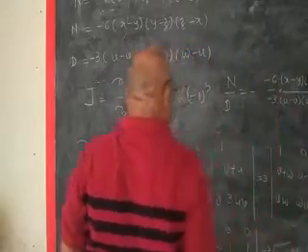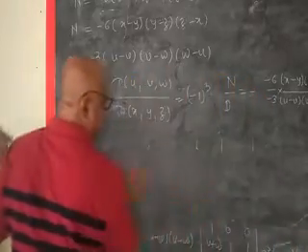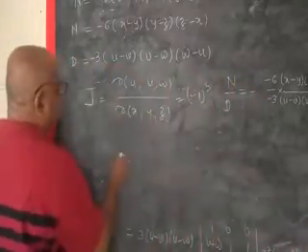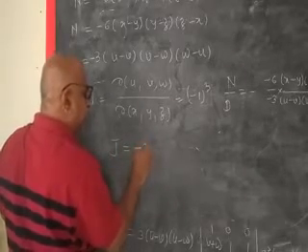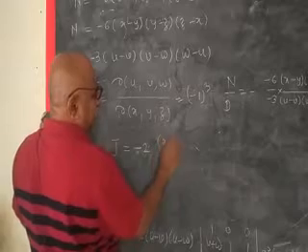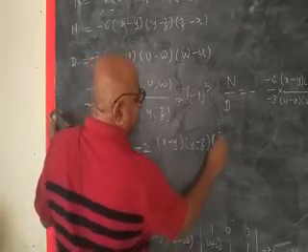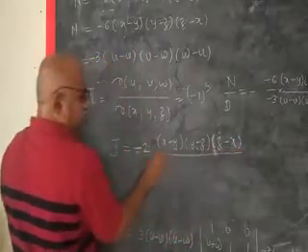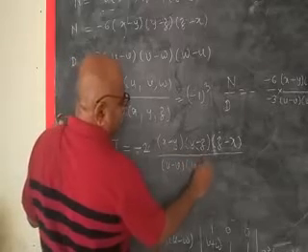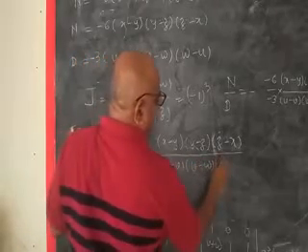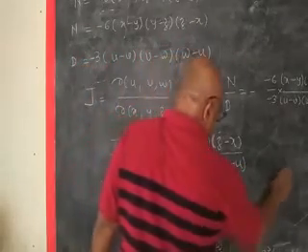That gives you answer as minus 2 times x minus y, y minus z and z minus x whole divided by u minus v, v minus w and w minus u. This is our answer.